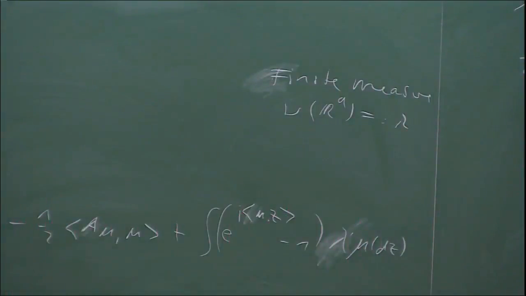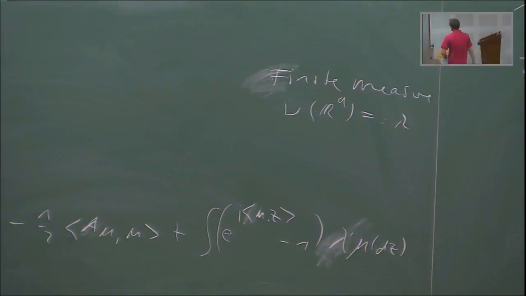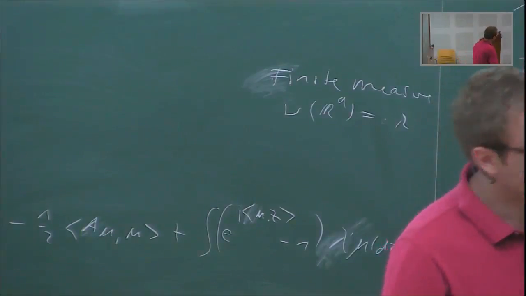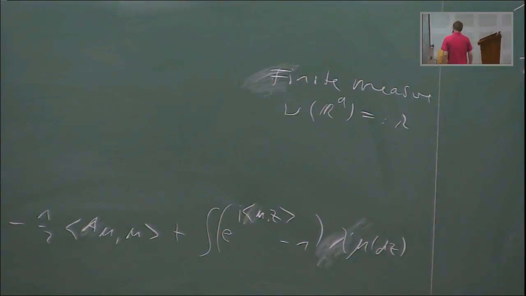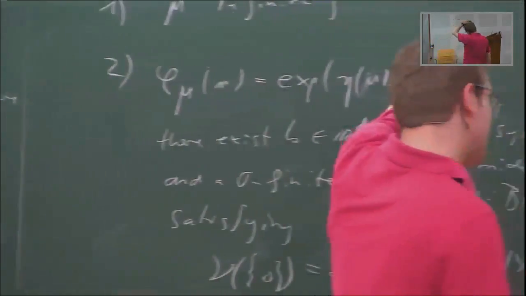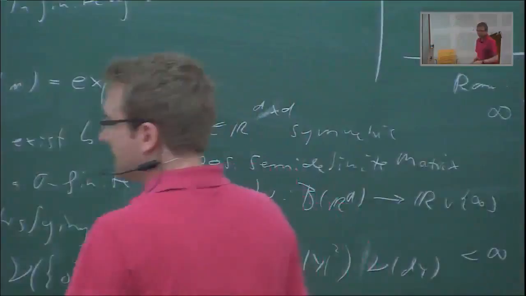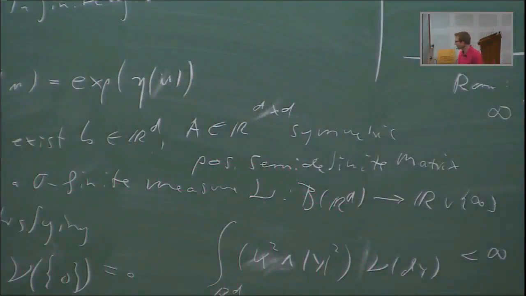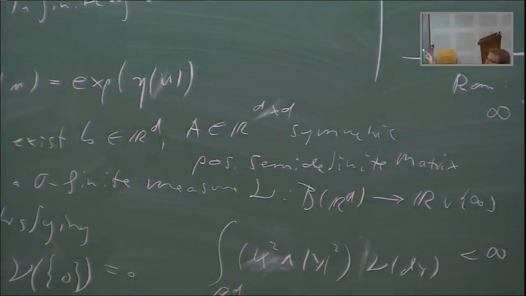Outside the ball we have some kind of finite intensity, but around 0 we have something which does not correspond anymore to a Poisson process, but something with infinite intensity. So what does it mean if our nu has, for example, a density? How does it look like?